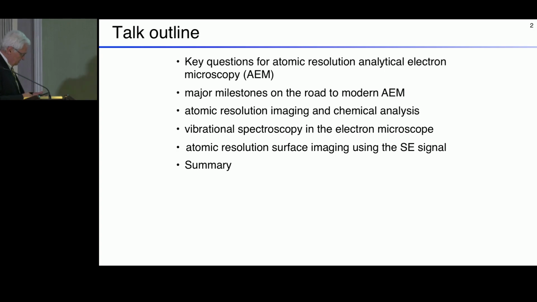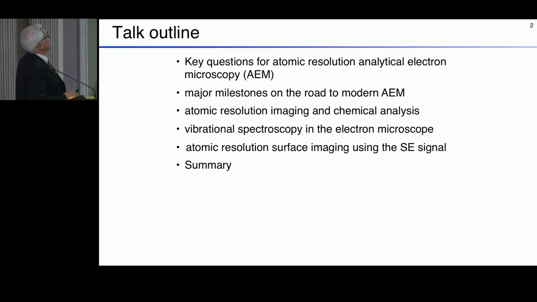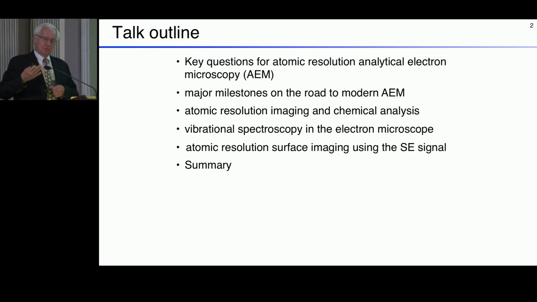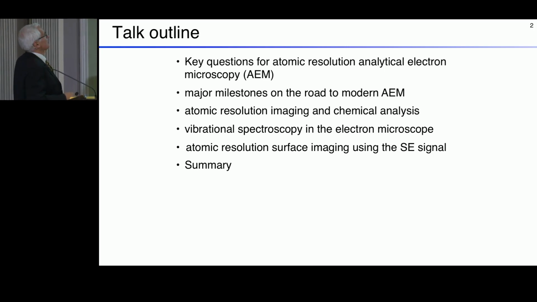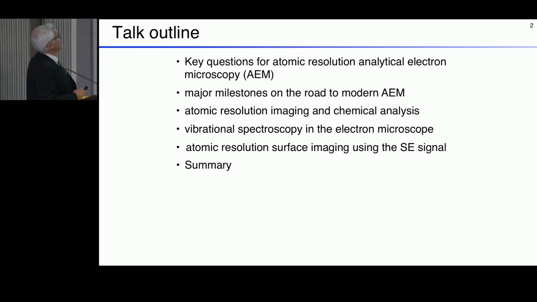To get a little bit more specific, I want to talk about key questions for atomic resolution analytical electron microscopy. That's what we like to do these days, not just look, but also analyze what we have in our materials. I want to talk about how modern analytical electron microscopy came along.